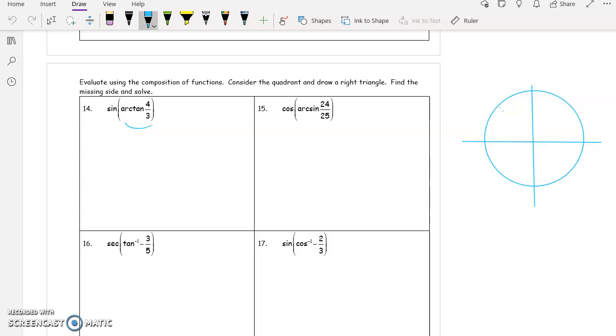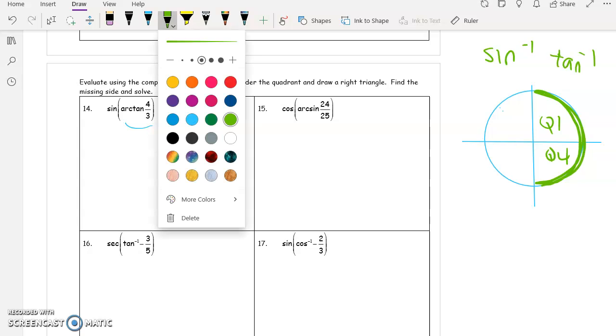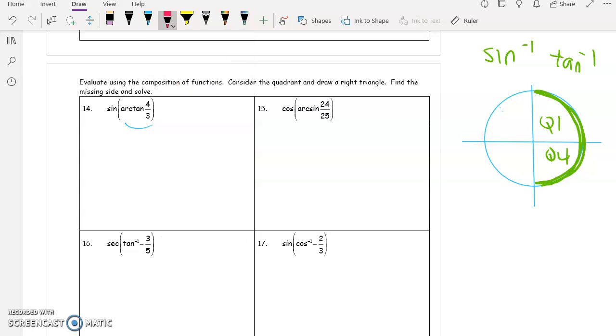So let's recap. Tangent and sine both use quadrants 1 and 4 for the inverse. So Q1, Q4, and that is for inverse sine and inverse tangent. Cosine, on the other hand, uses quadrants 1 and quadrant 2 for inverse cosine.